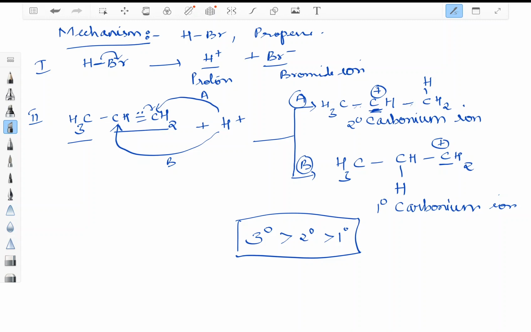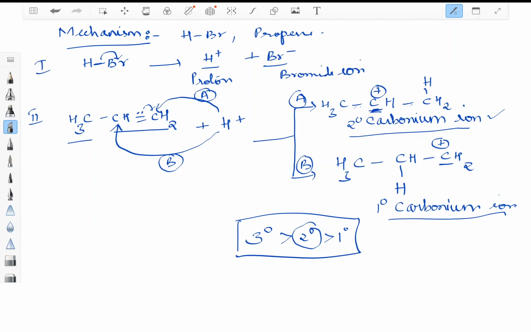Here we have two options. If we are following A type of reaction, we are going to generate secondary carbonium ion. If we are going by B, we are going to get primary carbonium ion. As per the understanding of chemistry, secondary is more stable than primary. So we are going to go with secondary carbonium ion as our major product.